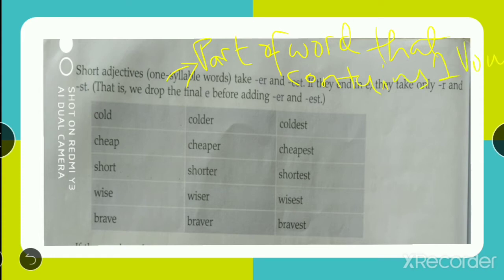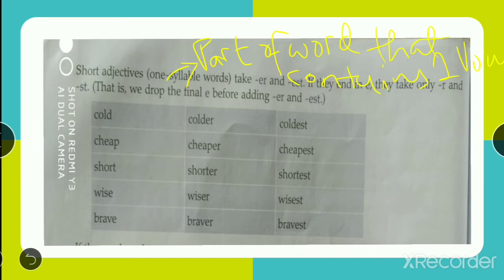One vowel, one syllable. Two vowel, two syllables. Now one vowel, two vowel means not the letters. We mean in sound. When we pronounce the word, if you get the sound of only one vowel, then it is one syllable. If you get the sound two times of vowel, then it would be two syllable.